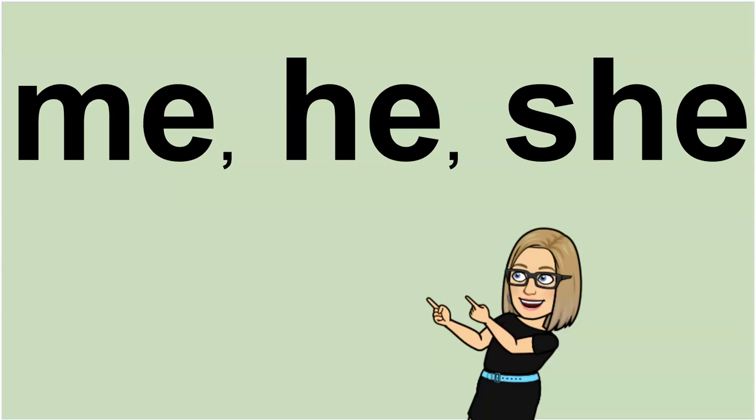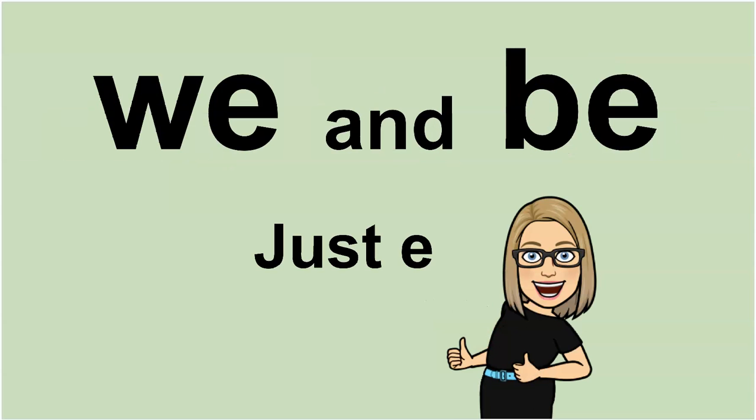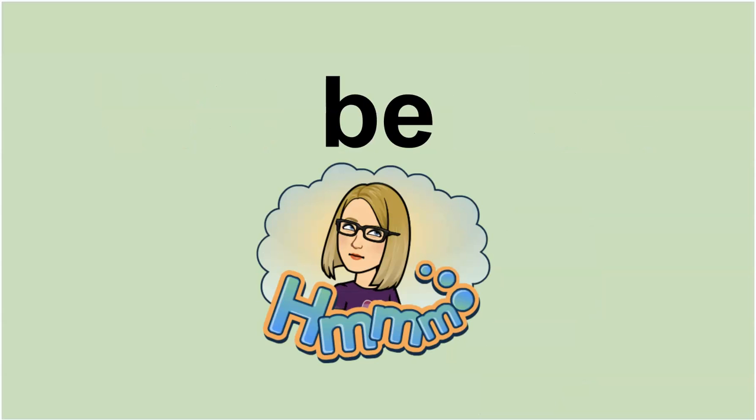And we see that in me, he, and she. They all say the long E sound. We and be are also just E. Now that's be as in we want to be superheroes. Be is a homophone. When you heard the word be, you might have been thinking of our next spelling pattern.